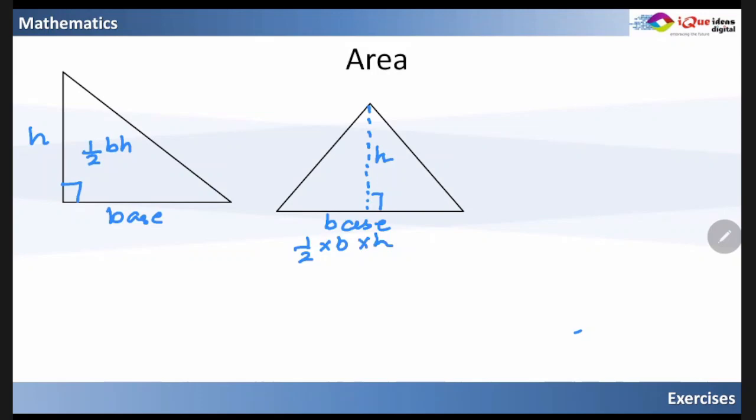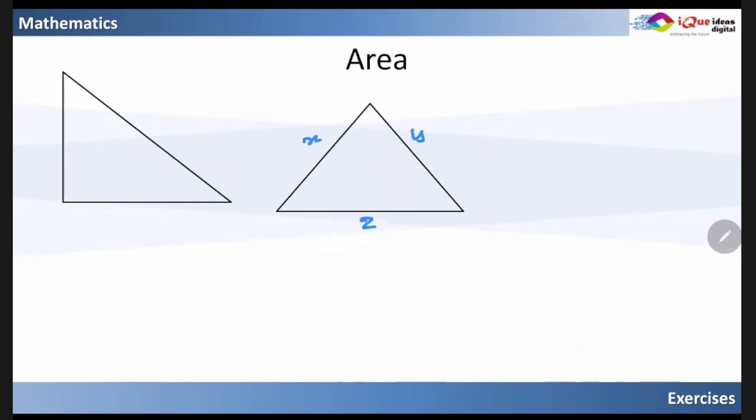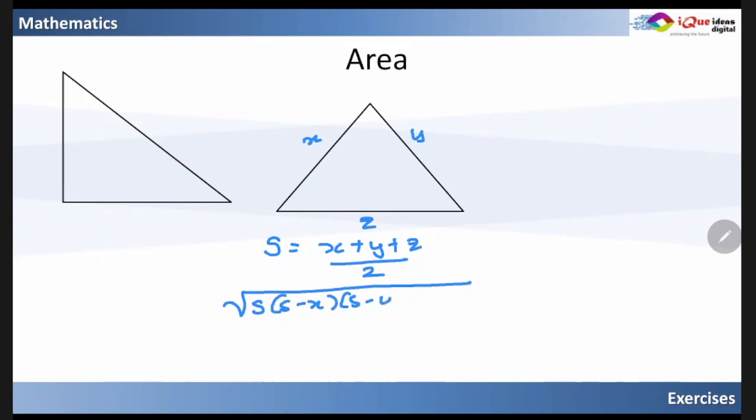And supposing we do not have the height, but we are given the three sides, let us say that the three sides are x, y and z. Then first of all we calculate the semi perimeter, s, which is x plus y plus z divided by 2, and then the area can be given as root of s into s minus x into s minus y into s minus z.